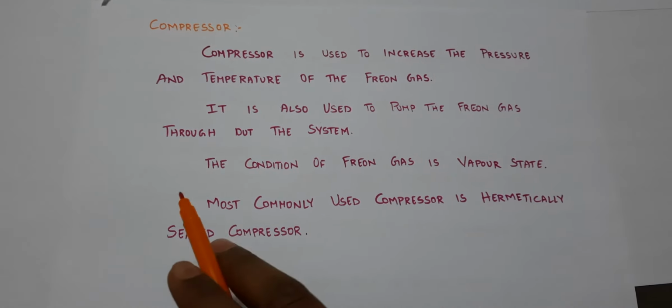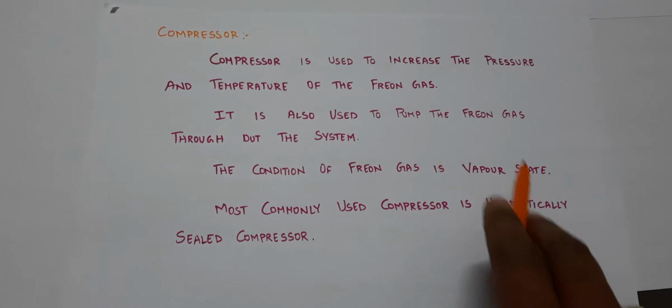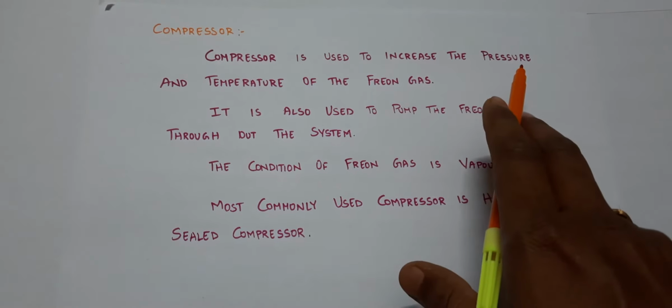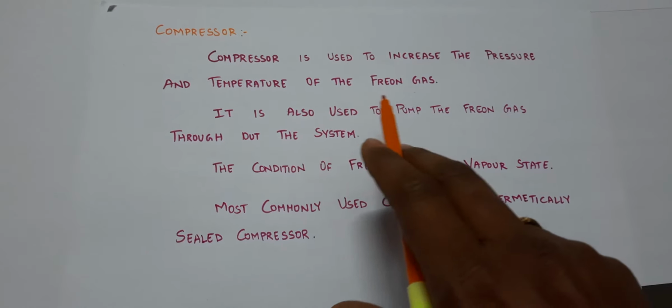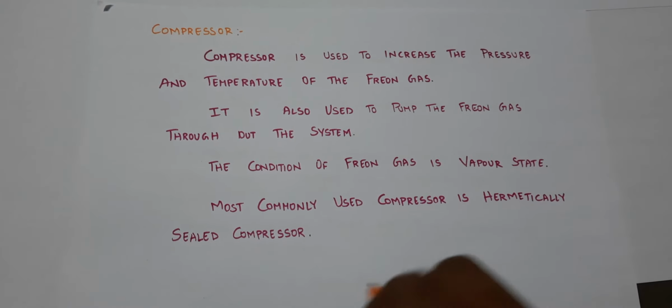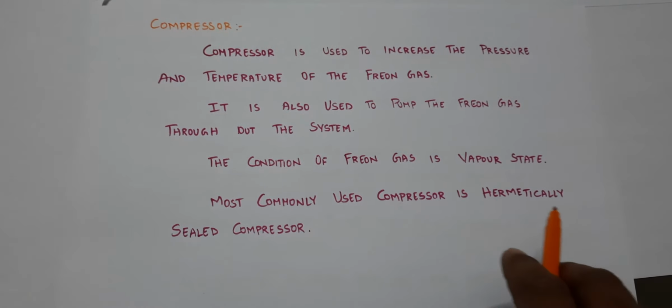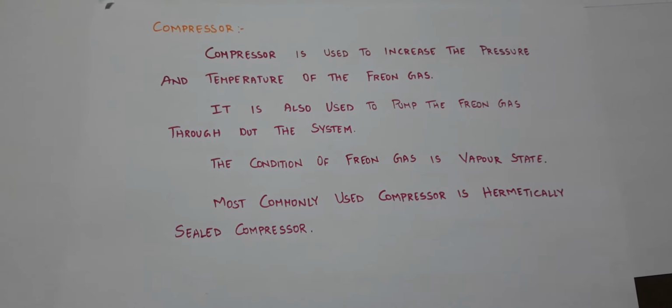Also, the condition of the freon gas is vapor state. As we discussed here, if the pressure and temperature are increased, the gas will be in the vapor state. And the most commonly used compressor is the hermetically sealed compressor.